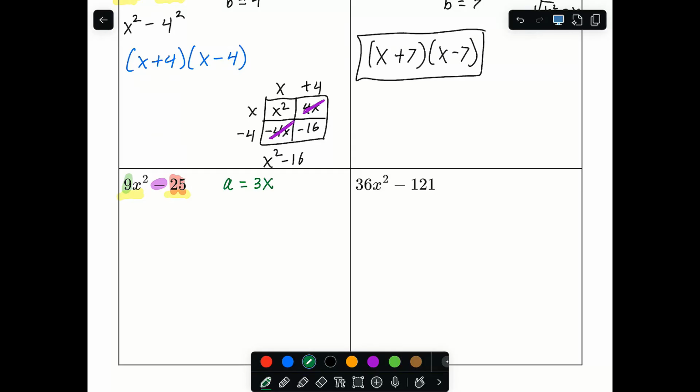Again, the square root of 9 is 3, and the square root of x squared is x. And then my b value is going to be 5, the square root of 25. And then I'm going to write it as such: 3x plus 5 in one parenthesis, and 3x minus 5 in the other parenthesis.